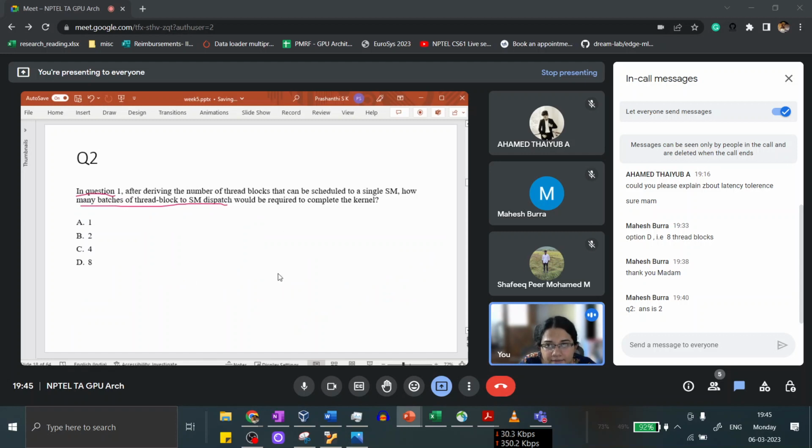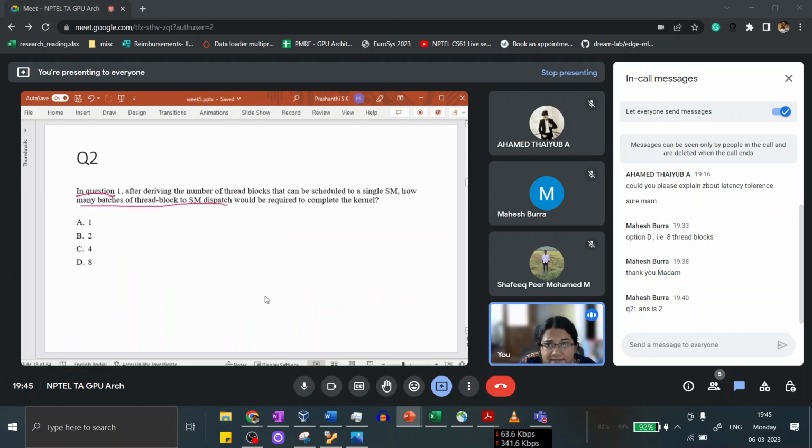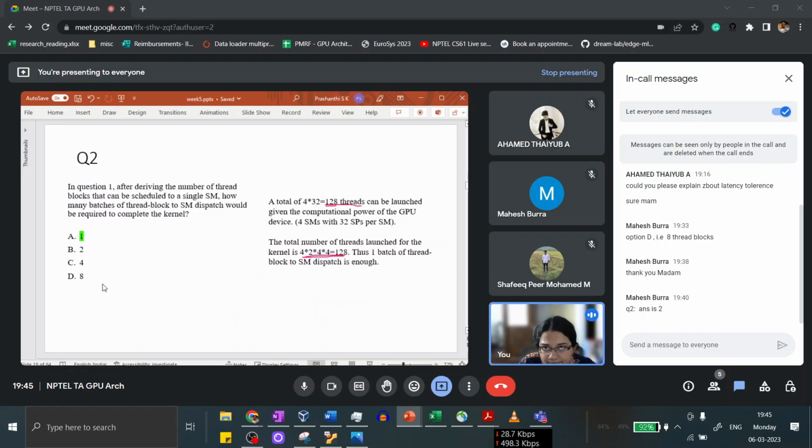Now the second question was asking us, how many times do I need to do this with this configuration? Hope this analogy helps you understand this better. I know there are a lot of such questions and it might seem very confusing initially. Does this help? Is it clearer?